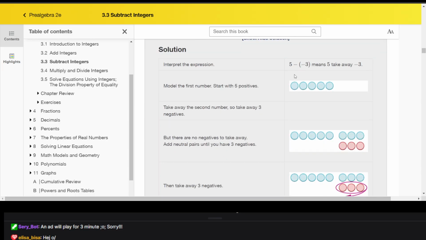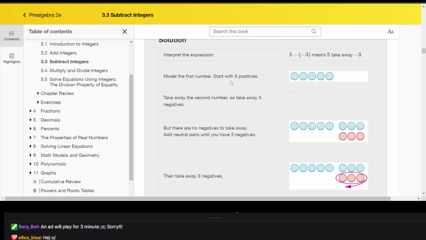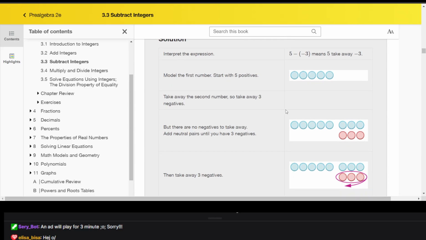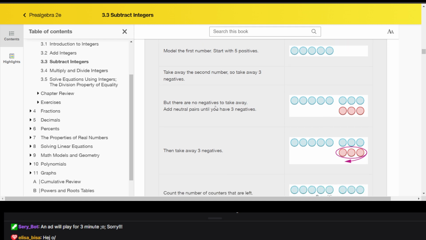5 minus negative 3. 5 positives, take away the second number, take away 3 negatives. The negatives take away, and add each pair to have 3 negatives.